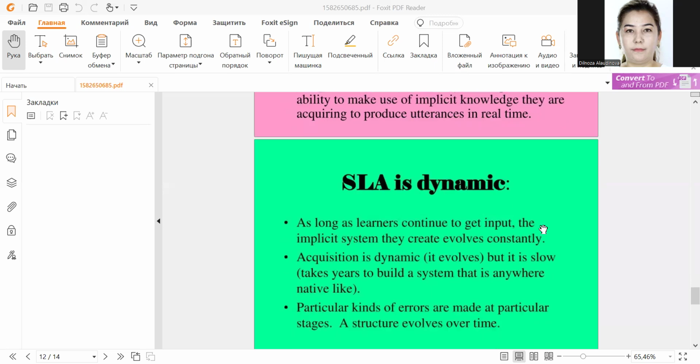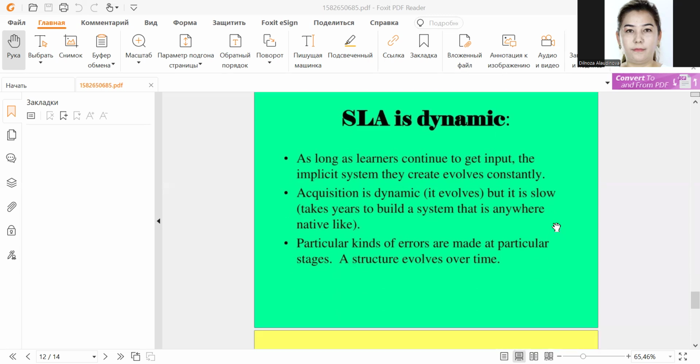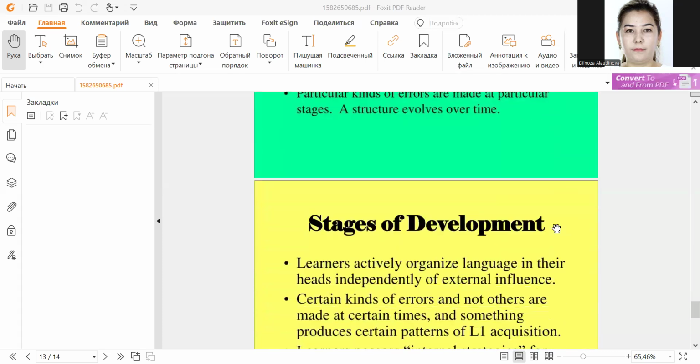SLA is dynamic. As long as learners continue to get input, the implicit system they create evolves constantly. Acquisition is dynamic, it evolves, but it's slow. It takes years to build a system that is anywhere near native-like. Particular kinds of errors are made at particular stages. A structure evolves over time.